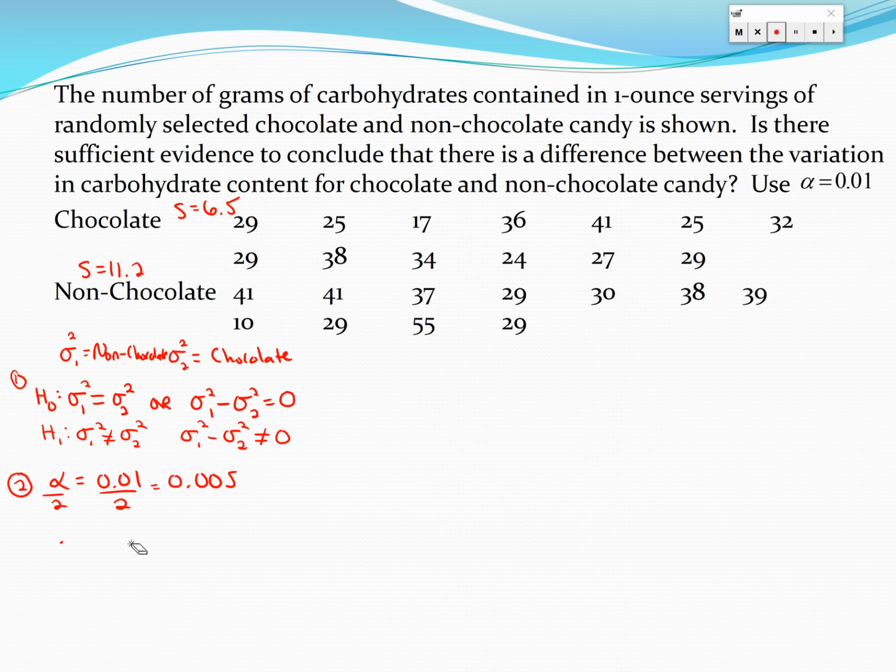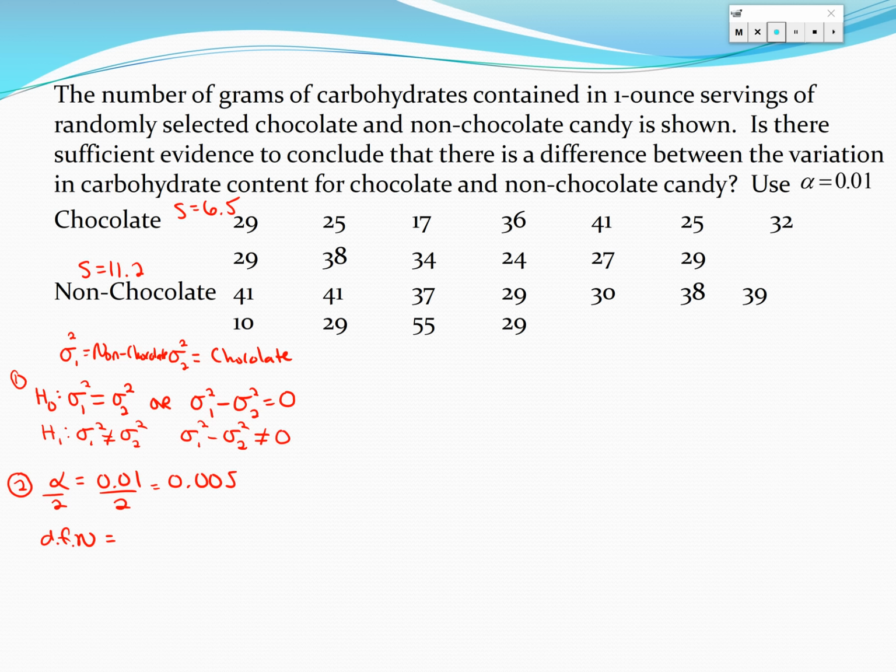Let's go lowercase, that's what we've used. Degrees of freedom numerator, and we need degrees of freedom denominator. The degrees of freedom for your numerator comes from the sample size of your larger variance, or standard deviation. You can look at it either way you want. The larger standard deviation leads to the larger variance, either way.